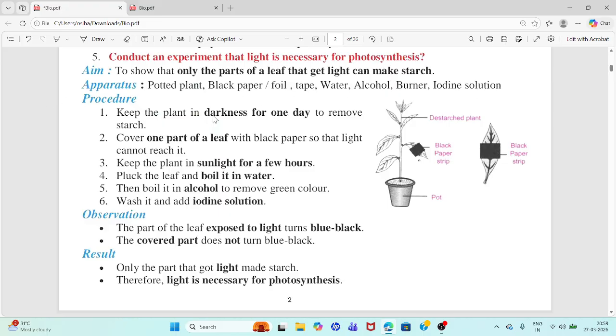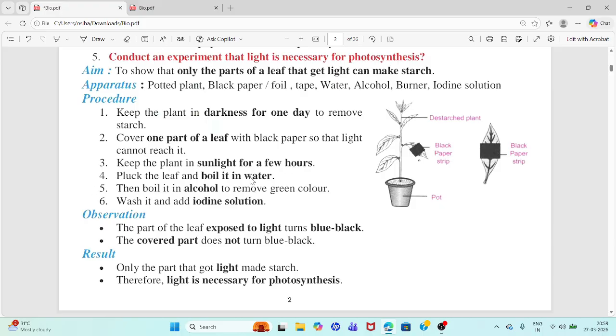Procedure: keep the plant in darkness for 1 day to remove starch. Second point: cover one part of the leaf with black paper so that light cannot reach it. This is the black paper strip. Keep the plant in sunlight for a few hours.